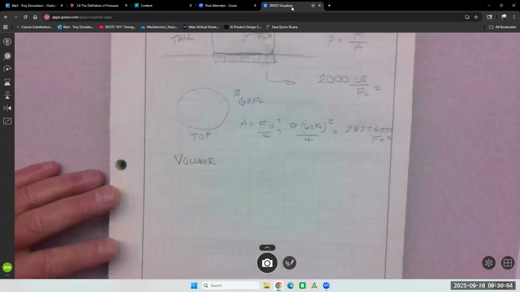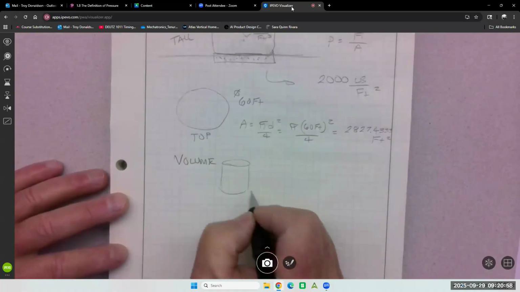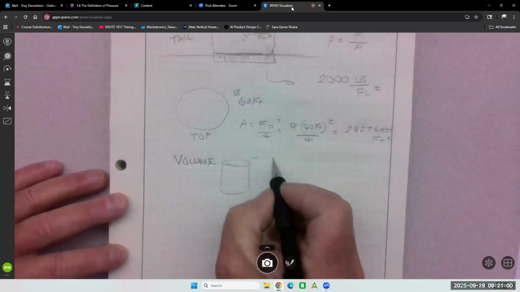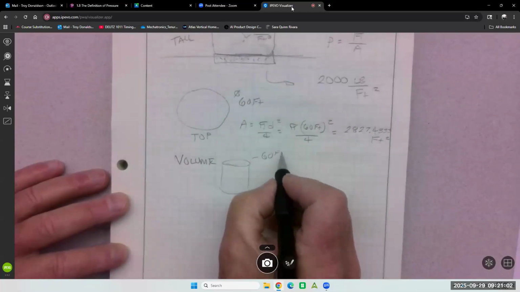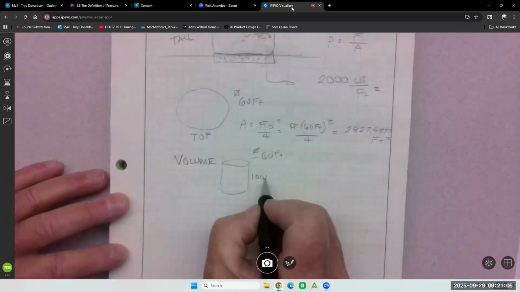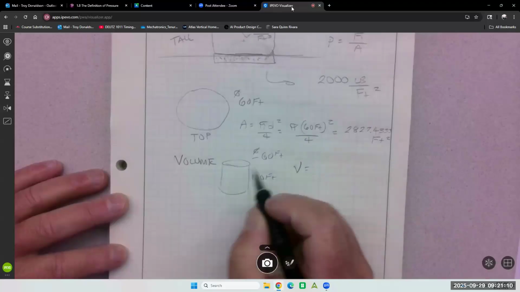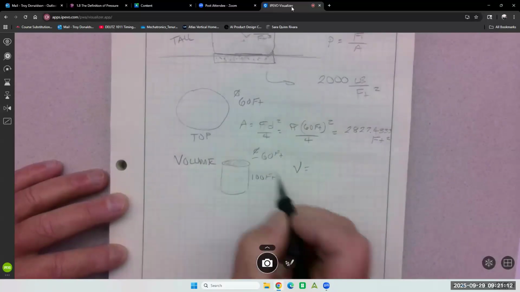And what's the volume of a cylinder? Right, that is 60 foot in diameter and is 100 feet tall. So it's area times length.